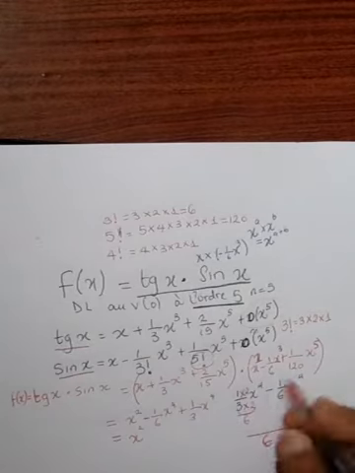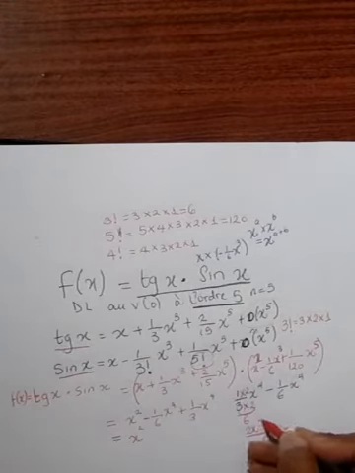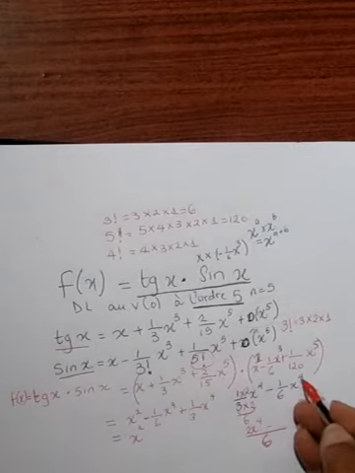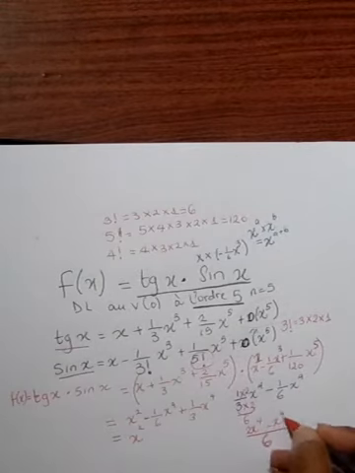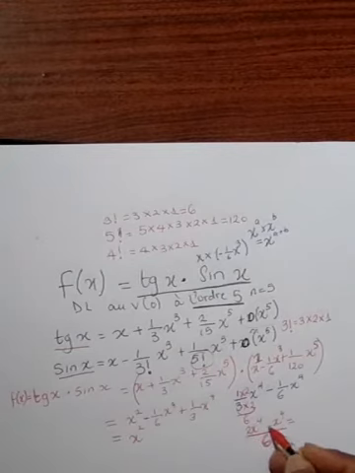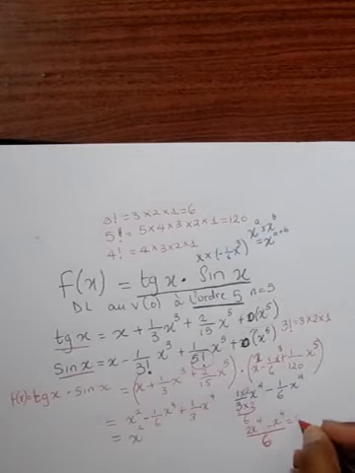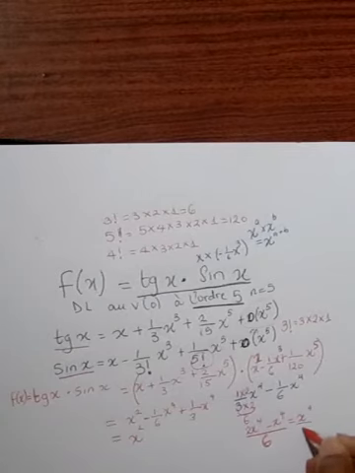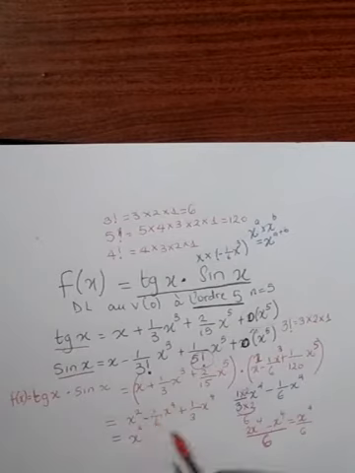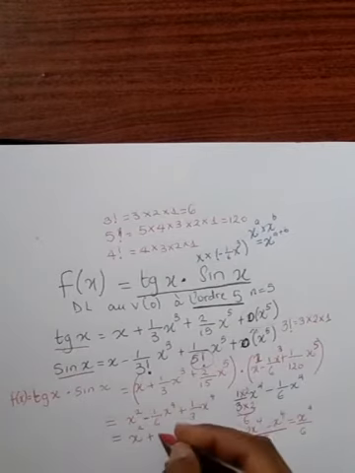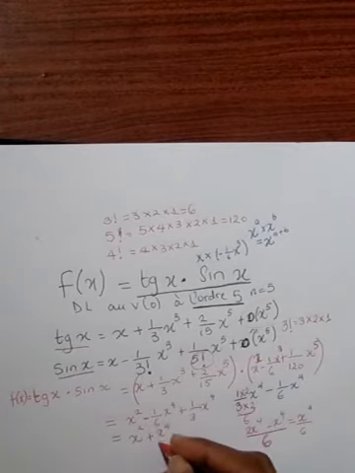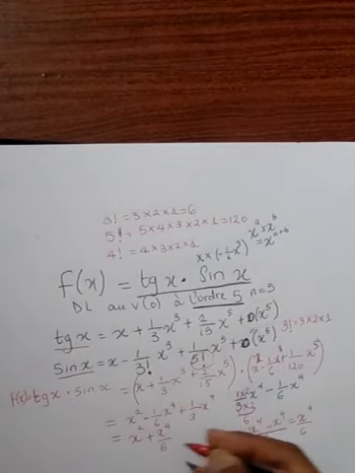So I have 1 times 2, which will give me 2x raised to the power of 4 minus 1 times x raised to the power of 4, which will give me x raised to the power of 4. So this is 2x raised to the power of 4 minus x raised to the power of 4 all over 6. So that's going to give me x raised to the power of 4 all over 6. So the sum of this will give me plus x raised to the power of 4 all over 6.